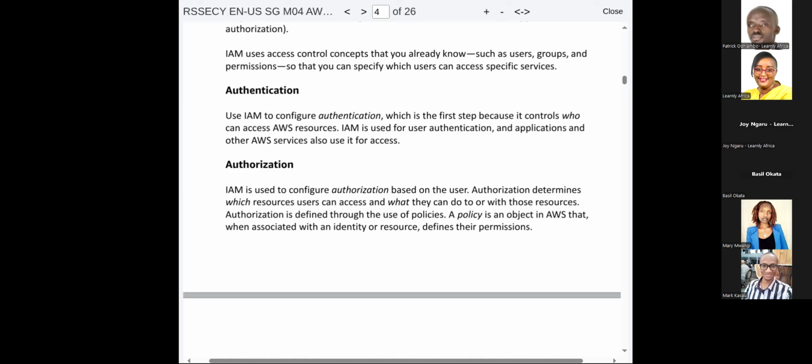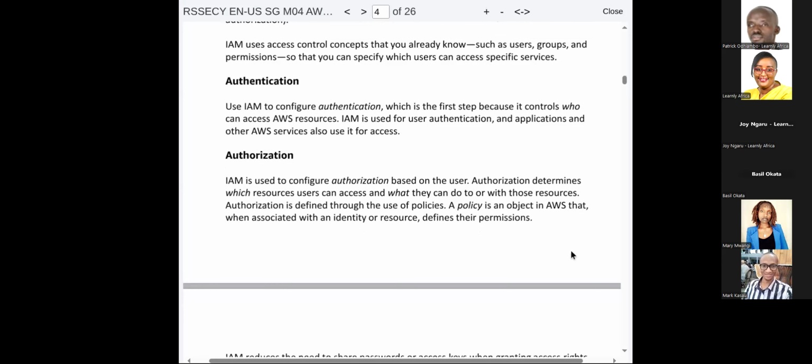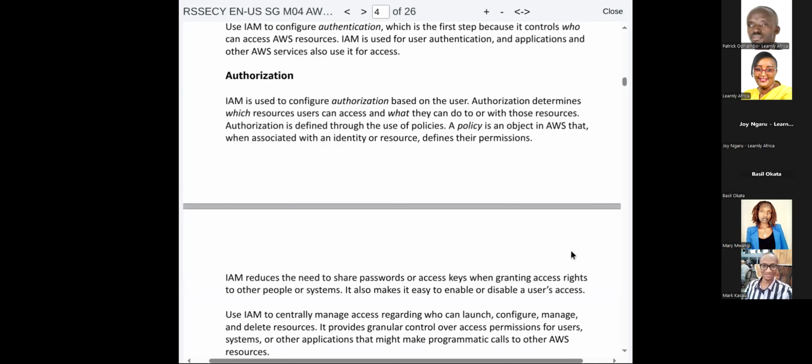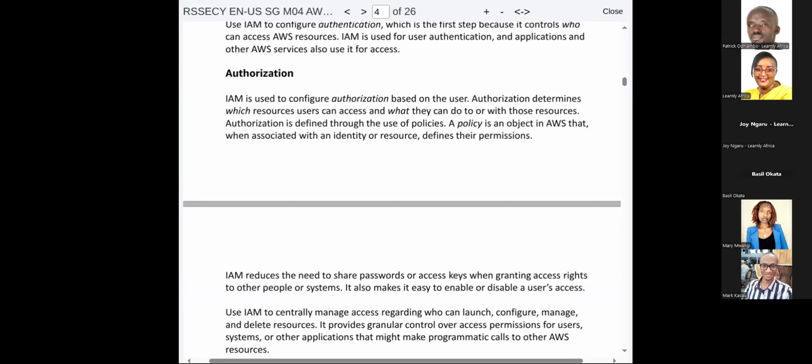We have something called an IAM policy. An IAM policy is an object that, when associated with an identity, a user or resources, defines their permissions. You're going to see that an IAM policy is actually a document. At any time you hear of a policy, think of it as a document.